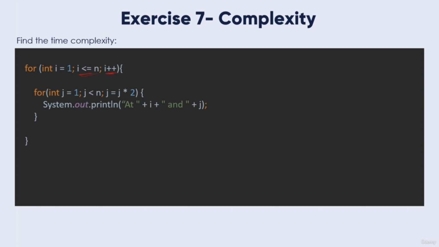So these conditions are very important to understand and to determine the type and the time complexity for this for loop and every for loop. So this for loop is being executed n times, okay? N minus 1 plus 1 is n.